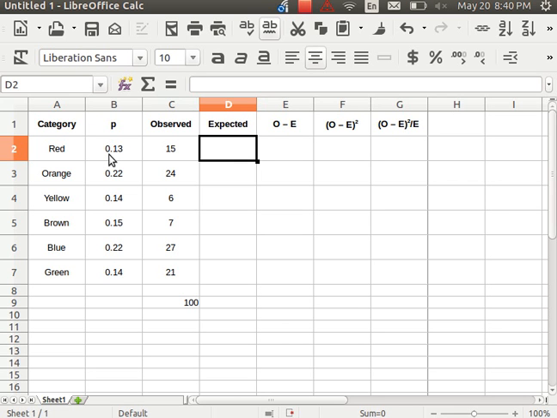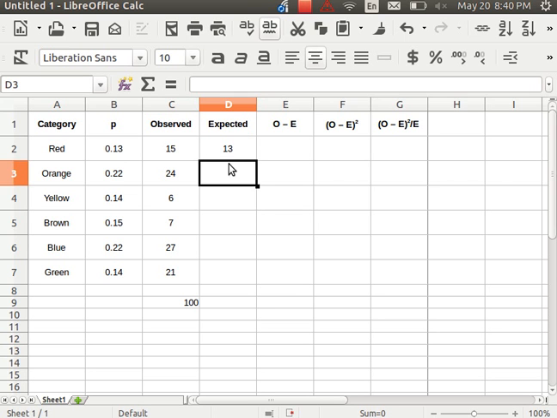If reds were in proportion of 0.13, or rather 0.13 of our M&Ms should have been red, then we have to take our 100 M&Ms, multiply them by 0.13. So what I'm going to do to calculate that is equals 100 times, and then click on the column that's holding my proportion.